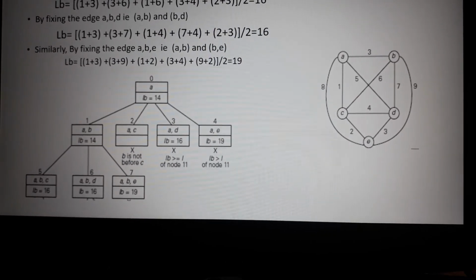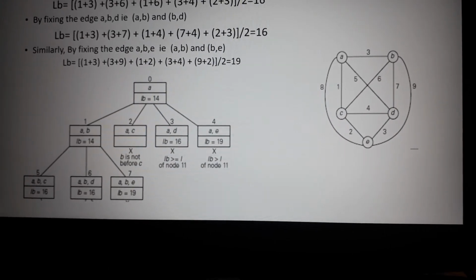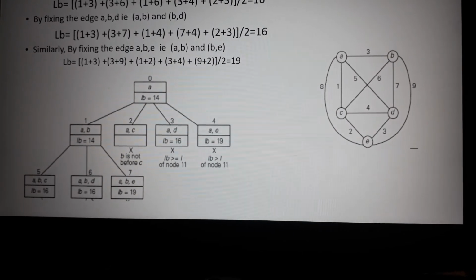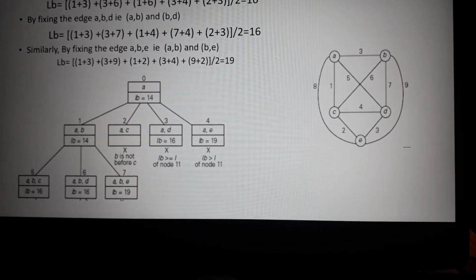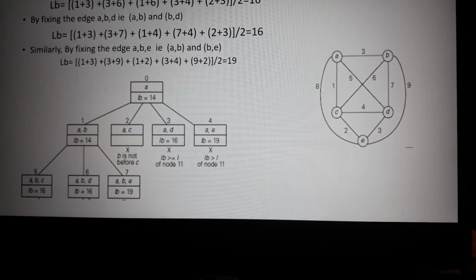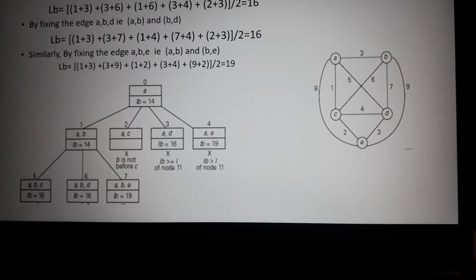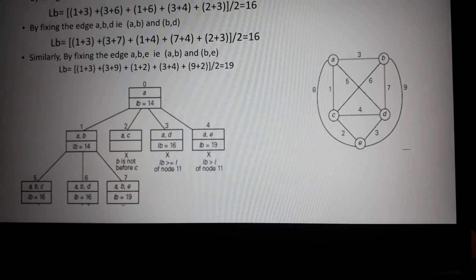So the two edge costs that we take are 3 plus 7, plus from C 1 plus 4, and from D, as the B and D edge is fixed, similarly DB is also fixed. So 7 plus the other edge is 4, plus 2 plus 3, divided by 2, is equal to 16.